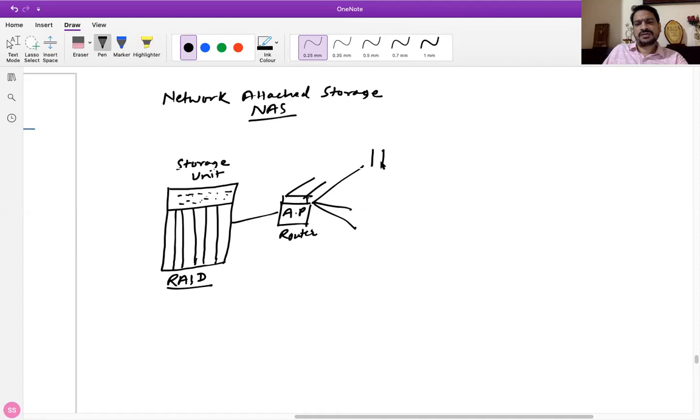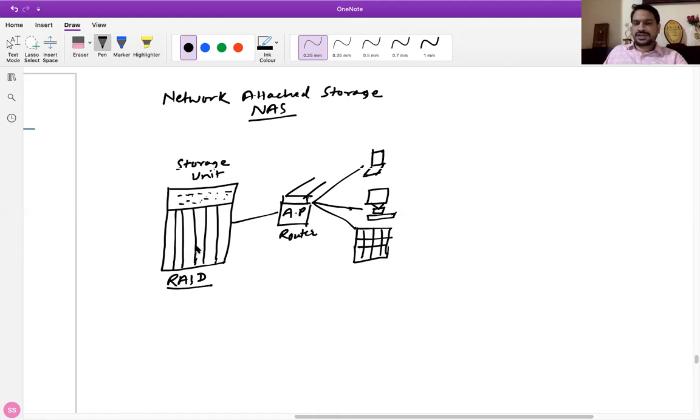Let's say you have your desktop or laptop attached, or some system, or some servers attached. So all these devices are attached to the network, and this network is attached to the storage unit, and all these devices can access the storage whenever they want with the help of the network.